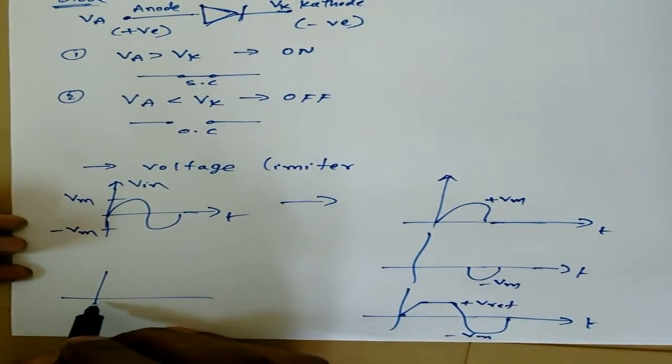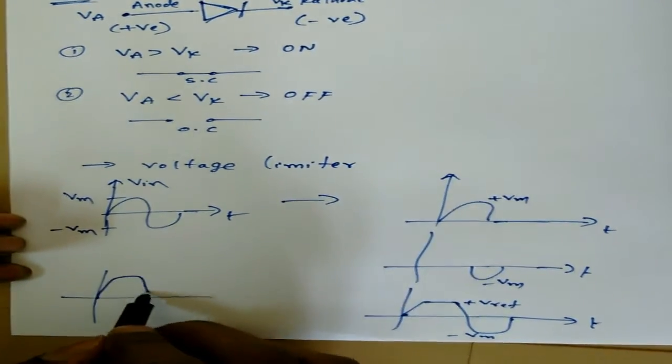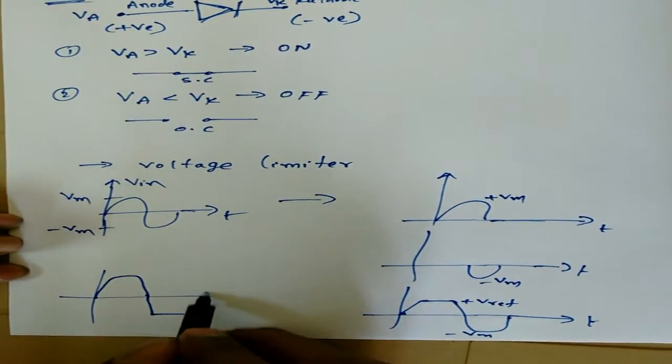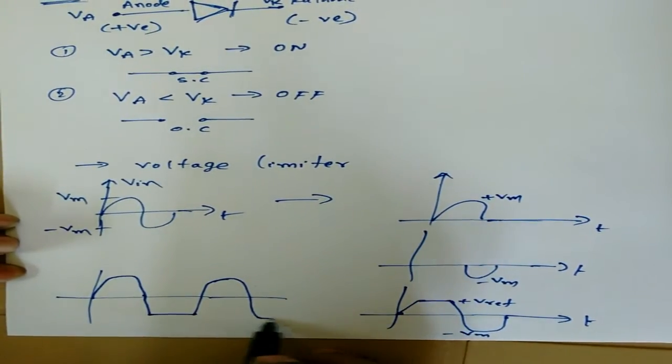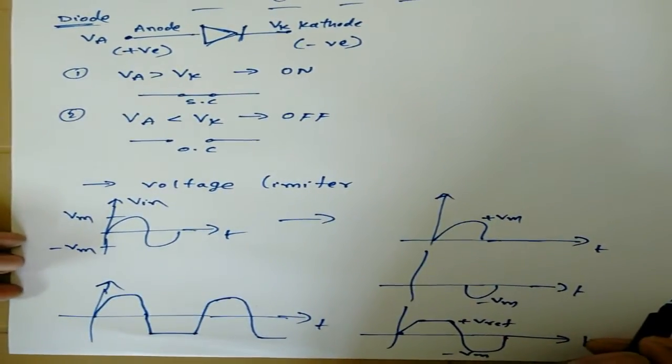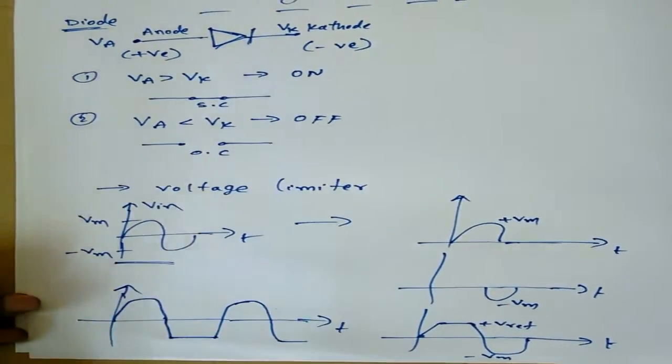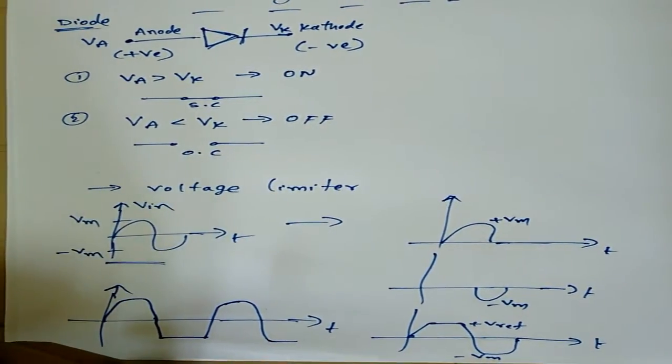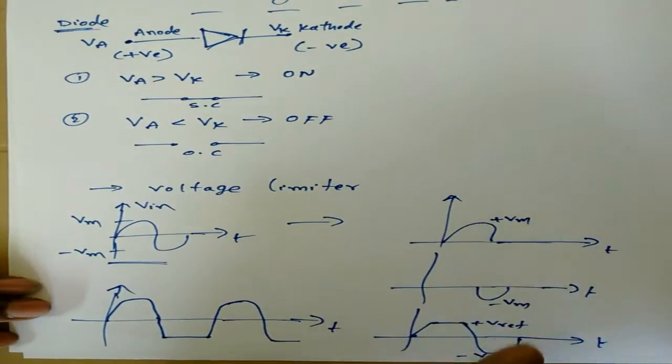Similarly, you may require the full positive half cycle and some portion of the negative half cycle, something like this. Now who will provide these types of waveforms when you give this type of input signal? That circuit is called a clipping circuit.